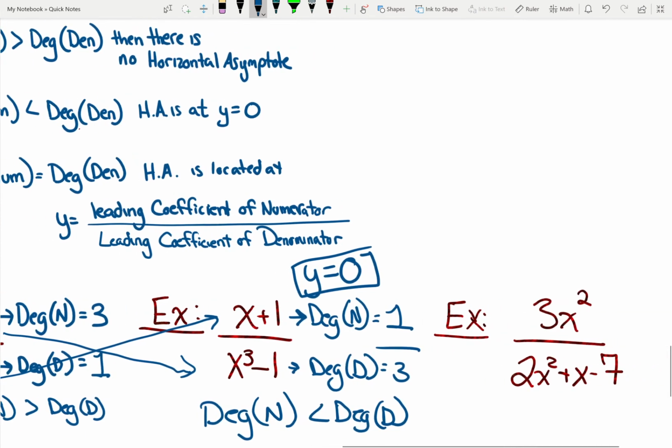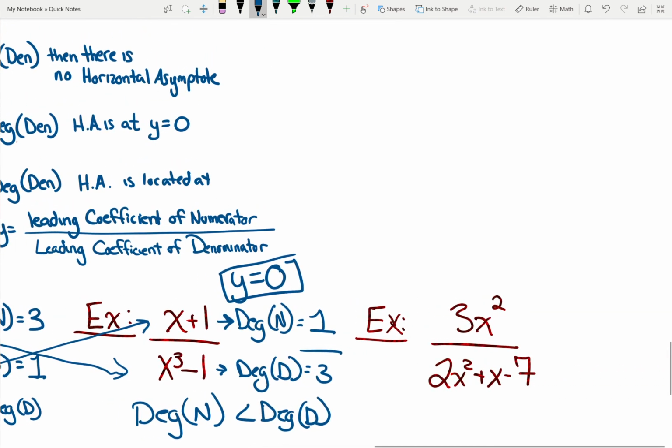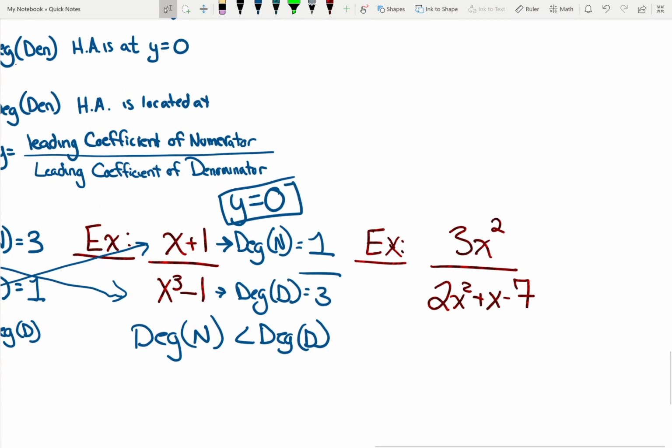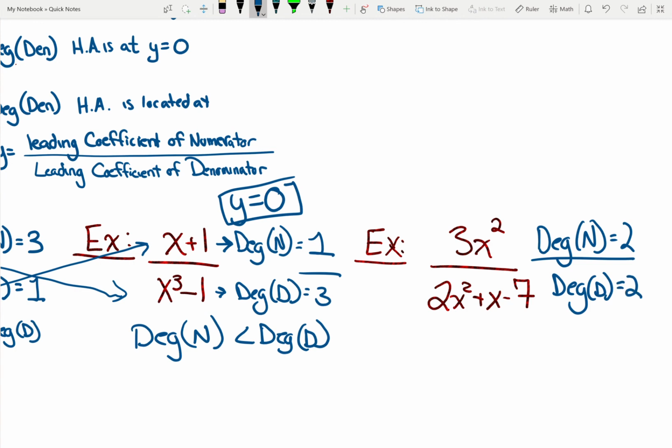Okay, lastly. All right, so now let's look at the degrees. We have x squared on top and we have x squared on bottom. So they both have a degree of 2. They're the same, the degrees, right? So what do we do in this case?